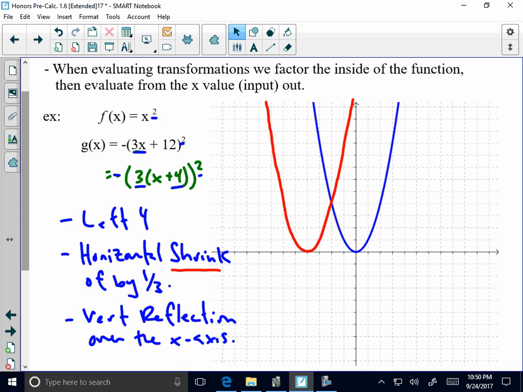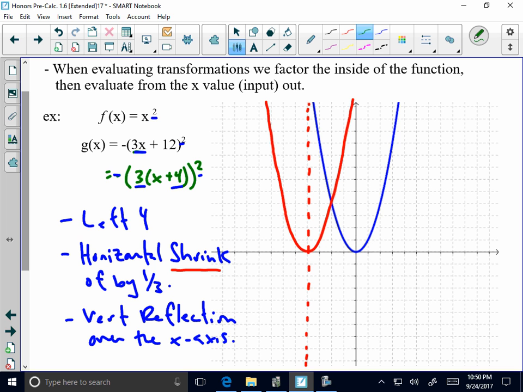And now right here, just like the reflection, we want to think that that horizontal shrink is happening around where the function thinks 0. So basically we would say we're going to be 1/3 the width, but we're shrinking around x equals negative 4. So we would basically get thinner around that, and I'm going to try to draw this accurately, which is not going to be easy.